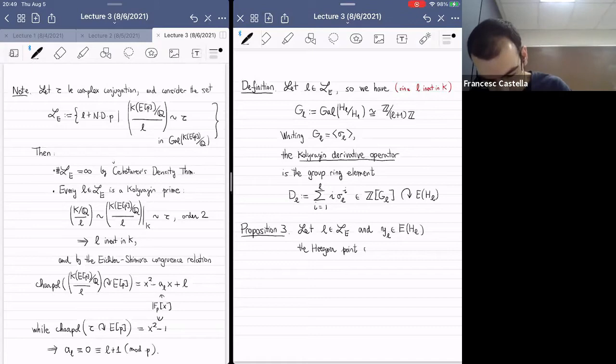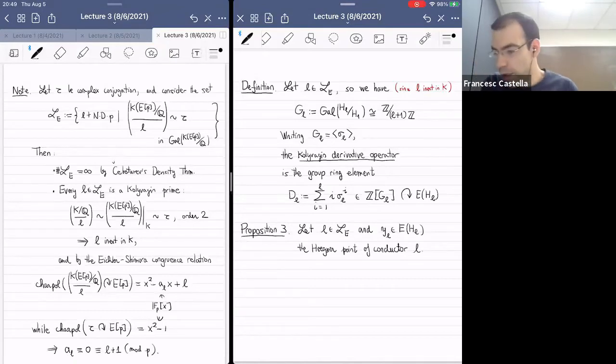So the Heegner point of conductor L. Then we have the following. When we look at D_L, we can apply this group ring element on this Heegner point.